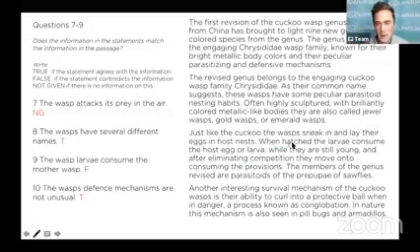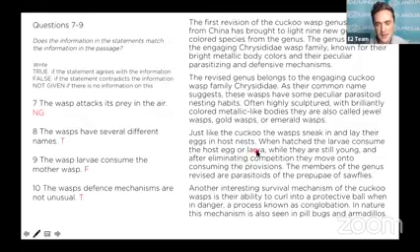And here it says, when hatched, the larvae consume the host egg or larva. So it's false. It's directly contradicting what's said in the text. For not given, it doesn't mention anything about it. So the wasp attacks its prey in the air. There's nothing mentioned in the text about that. Okay? So that's the difference between false and not given.